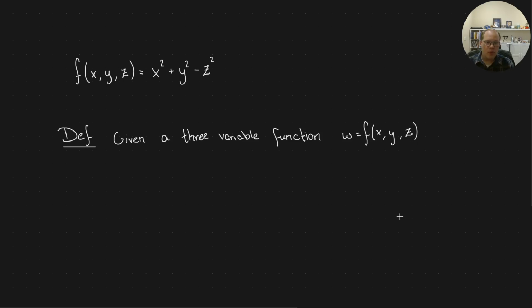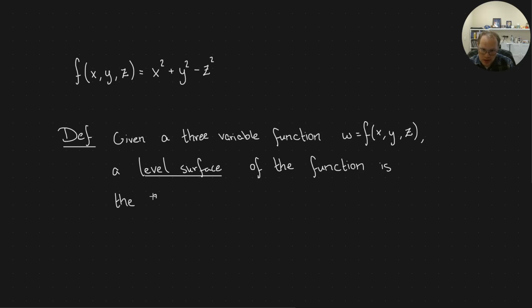Okay, so given a three-variable function, w equals f of x, y, z, a level surface of the function is the 3D trace we get from setting the output variable equal to a constant.